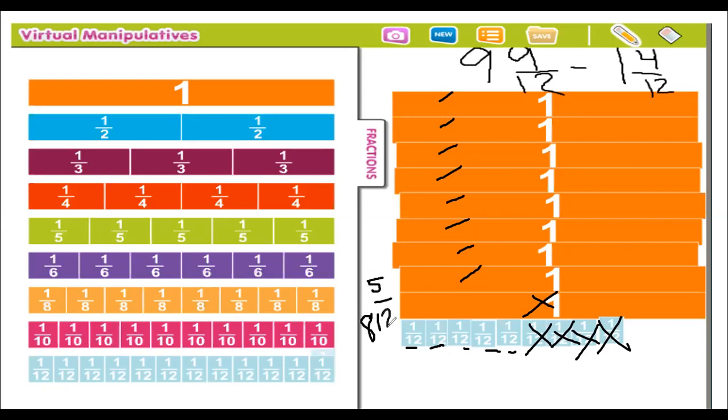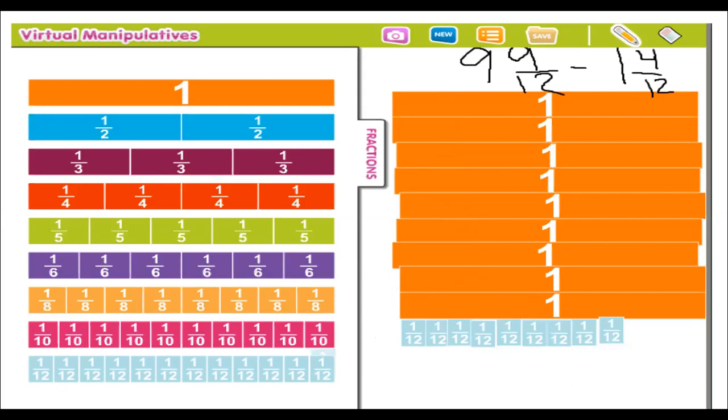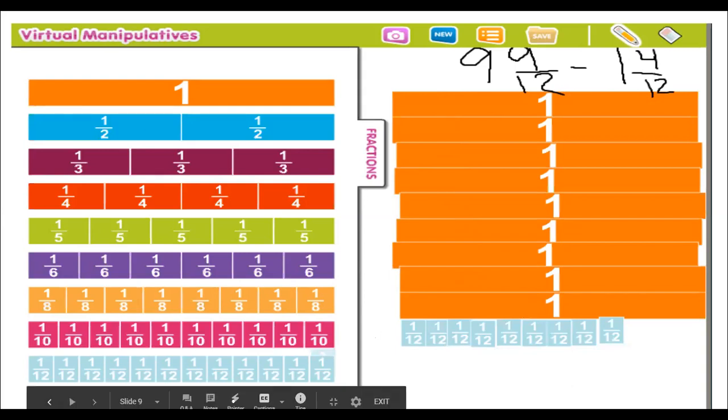So using fraction tiles, we were able to cross off the amount we were subtracting and come up with our answer of 8 and 5/12. Let's go back where we were and do the math.